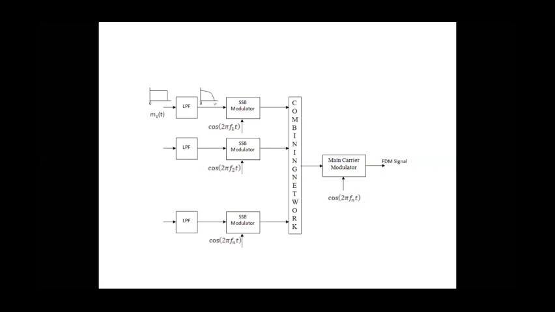Okay. So the output of the SSB modulator is an SSB signal with upper sideband. Okay. And for this SSB modulator, the first carrier frequency is how much? F1. That means the first message signal after band limiting is used to SSB modulate the subcarrier F1. So the output will be a frequency translated version.